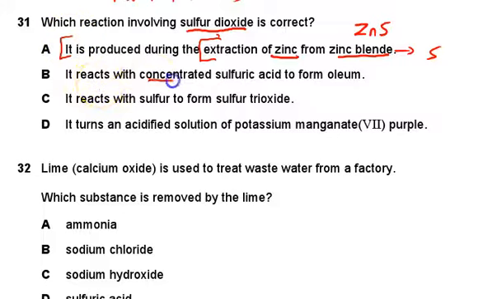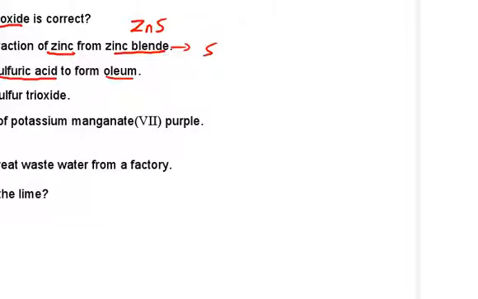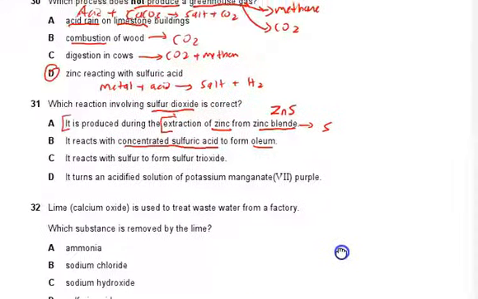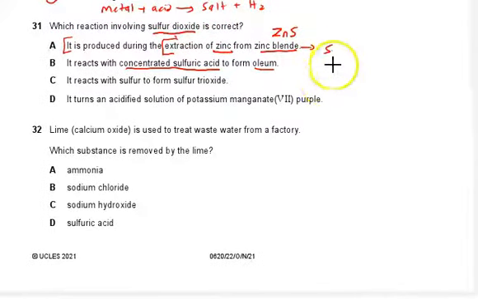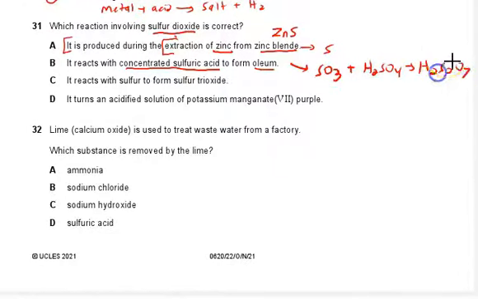It reacts with concentrated sulfuric acid to form oleum. Yes, this is correct. During the contact process, you will have sulfur dioxide, supposed to be sulfur trioxide, plus sulfuric acid to form oleum. So this is oleum. This is partially correct.